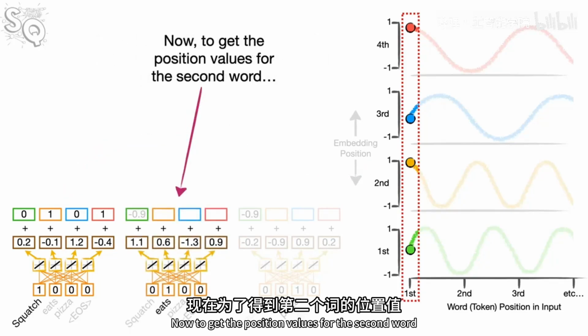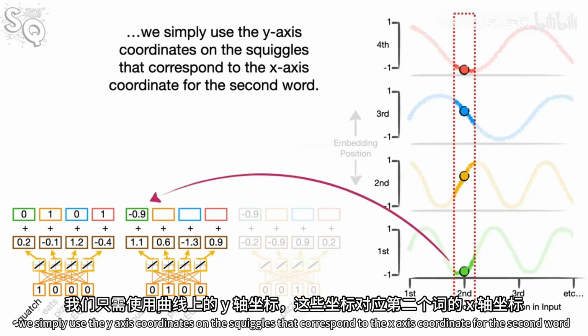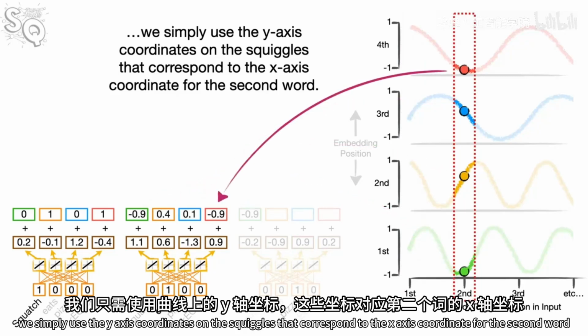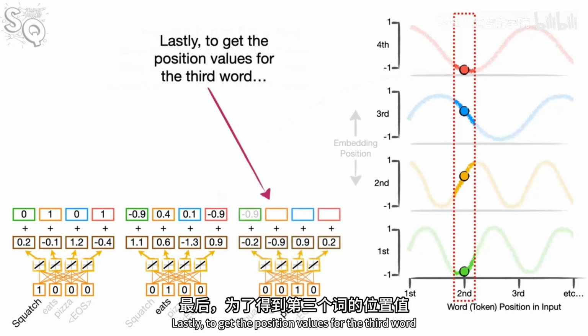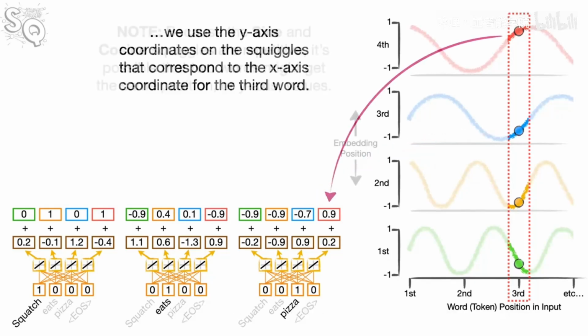Now, to get the position values for the second word, we simply use the y-axis coordinates on the squiggles that correspond to the x-axis coordinate for the second word. Lastly, to get the position values for the third word, we use the y-axis coordinates on the squiggles that correspond to the x-axis coordinate for the third word.